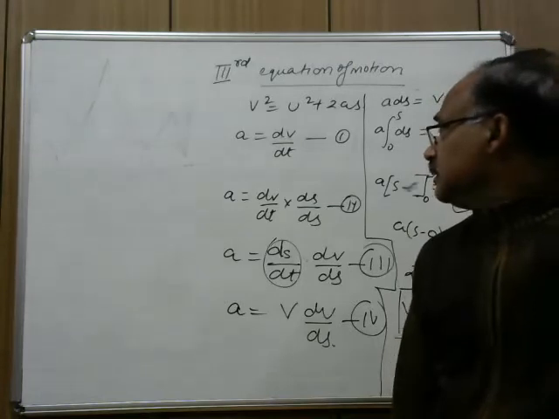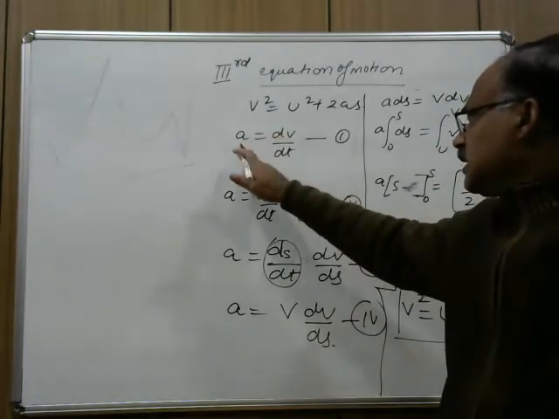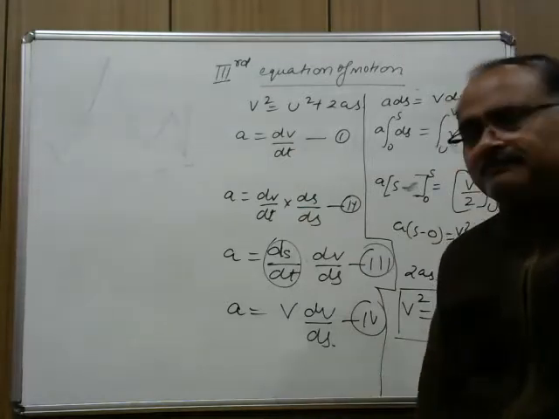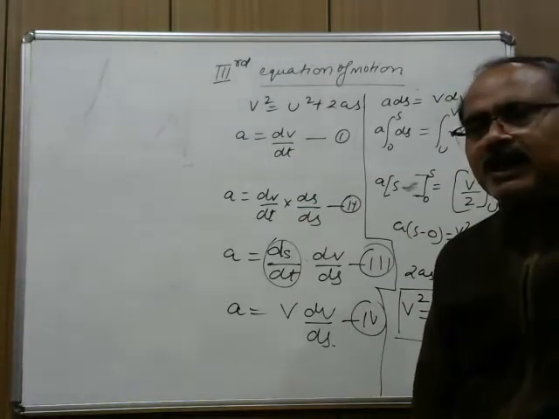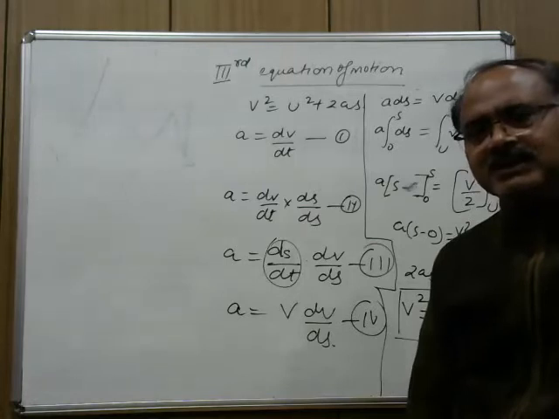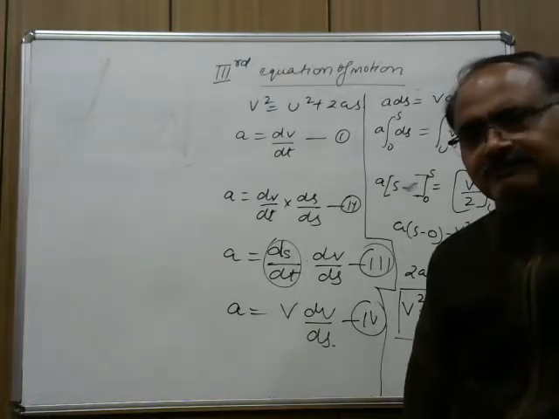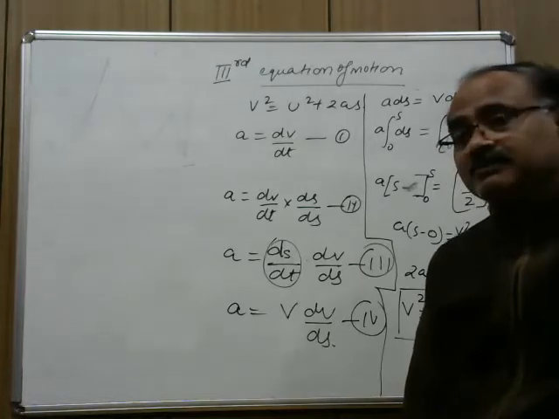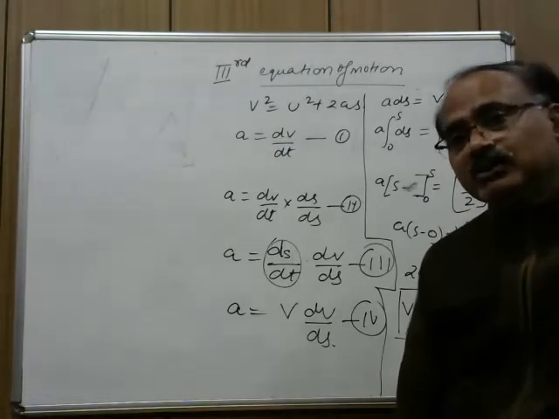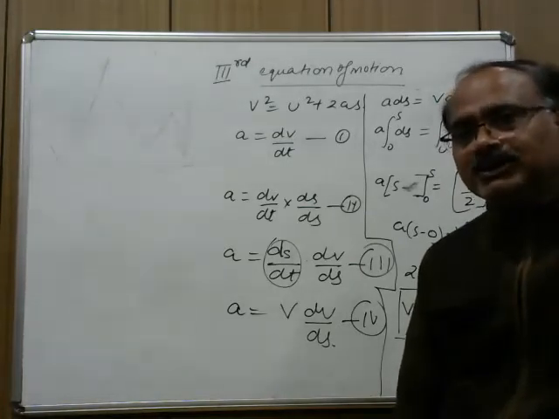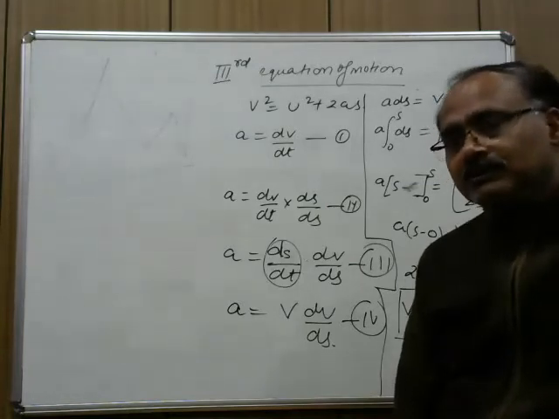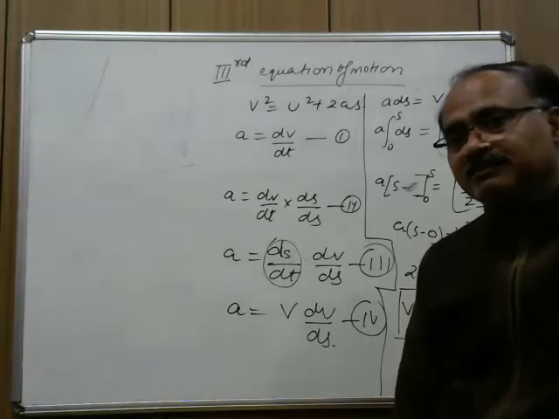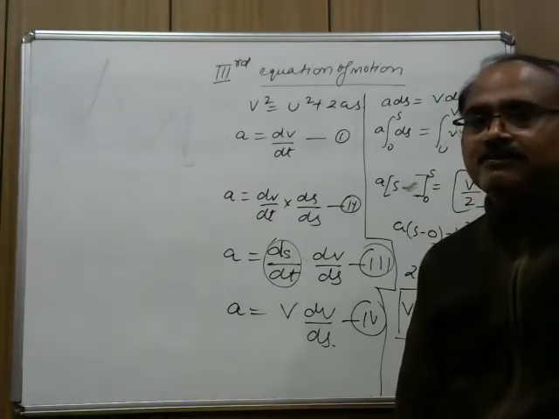In fact, this concept that acceleration is equal to dv by dt has also originated from mathematical analysis of velocity and acceleration. But we say this calculus method because we are using the approach of integration to find out the velocity relationship, displacement relationship, and acceleration relationship.